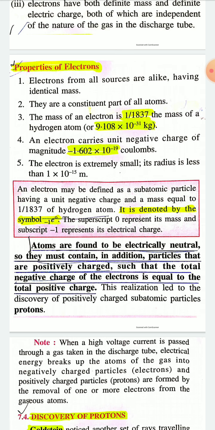The charge of an electron is minus 1 unit, or in coulomb, minus 1.602 into 10 to the minus 19 coulomb. You have to remember the mass and charge of the electron.